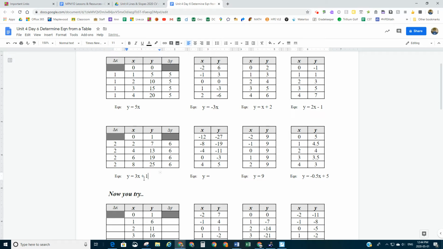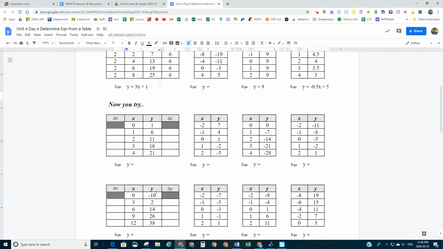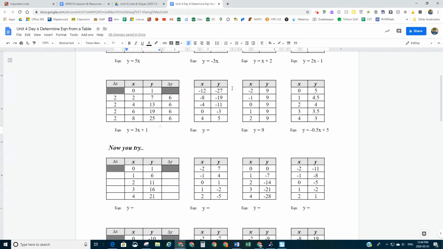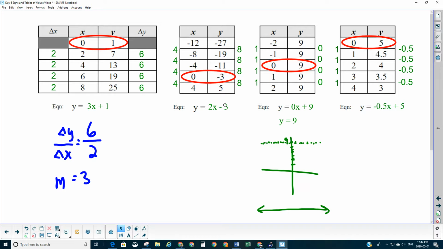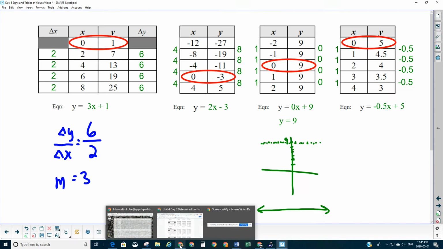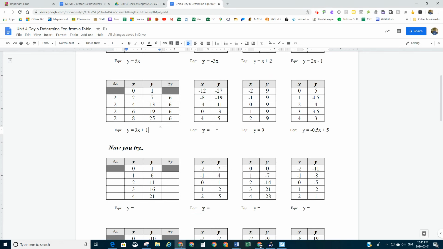Okay, so that's what you're going to do. You're going to fill in these down at the bottom. This one, I don't have any spots here, but I can go back and check what my answer was for that one. Yeah, it was 2x minus 3. So I'll go back to my Google Doc and say 2x minus 3.